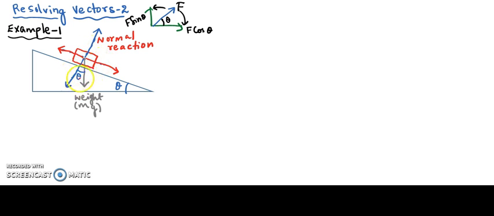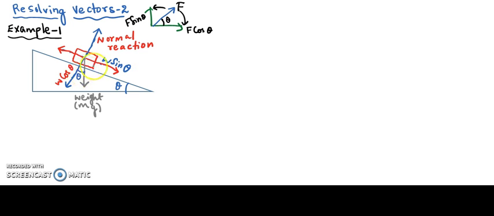If I resolve this theta and this weight, then I'm going to get here W cos theta. See this component. Why? Because this side which is touching the angle is the adjacent. So for adjacent you get the cos component. Exactly the same way, I'm going to write this also. This will be my W sin theta.